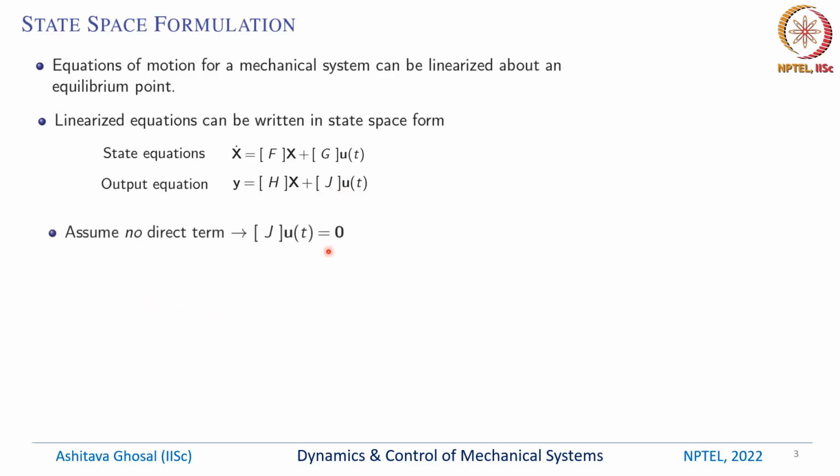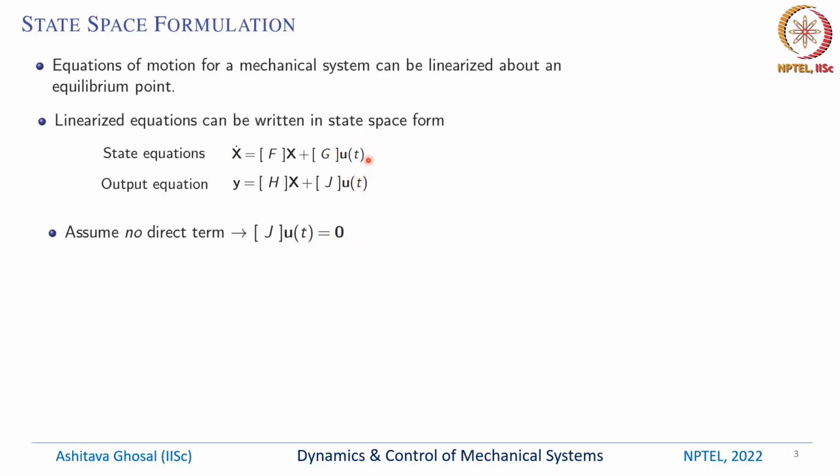If you assume that there is no direct term, basically the input u of t is not directly connected to the output y of t, then this J into u of t will be equal to 0.